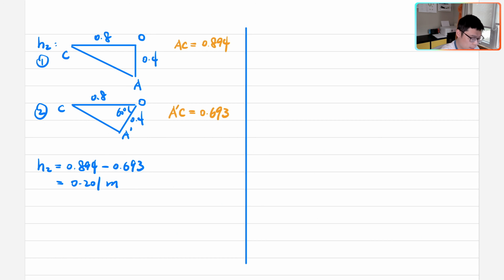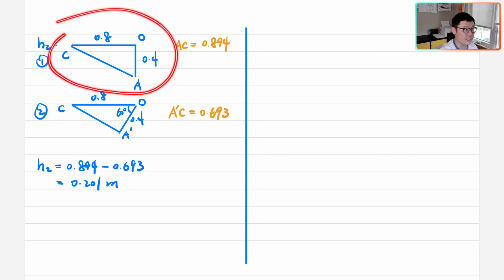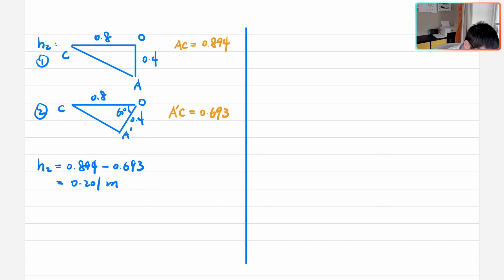So if I write a general equation using cosine law to represent this triangle, I will have, in general, AC squared is always 4b squared plus b squared minus 2 times 2b times b times cos theta.